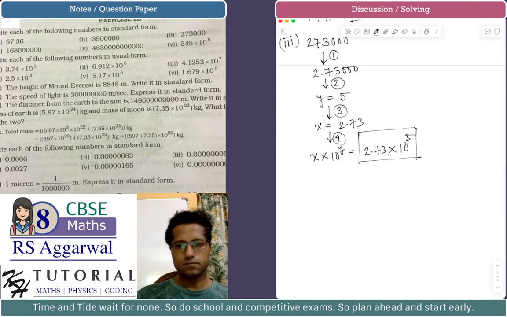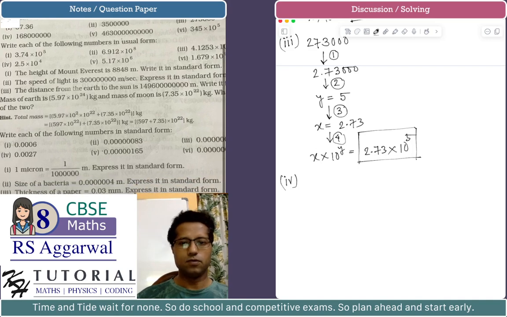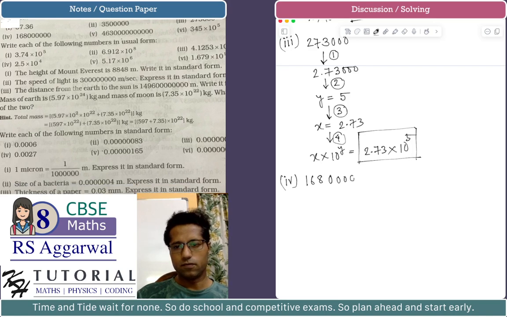Part 4. The number is 168, and how many zeros? 1 2 3 4 5 6 zeros. After step 1, I will put the decimal point after the leftmost digit.